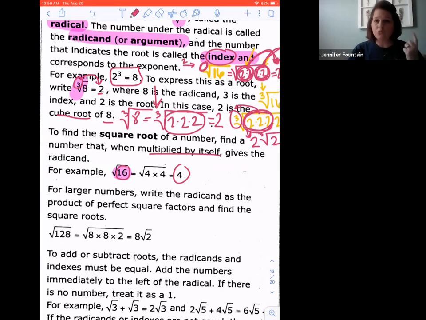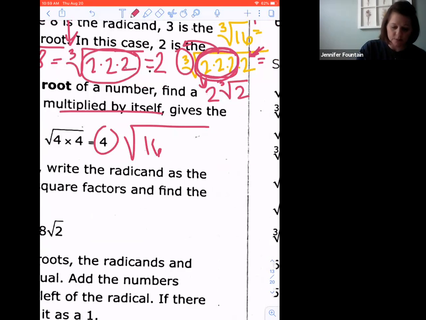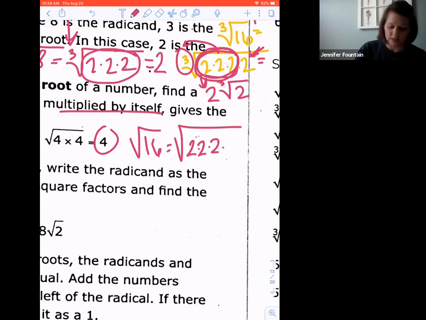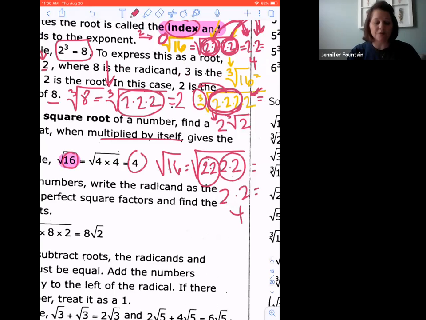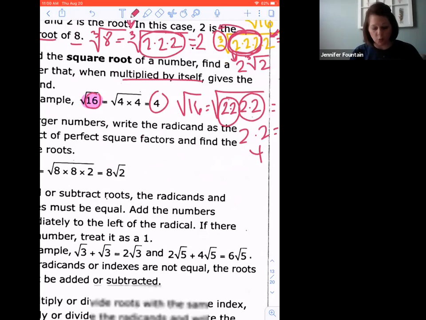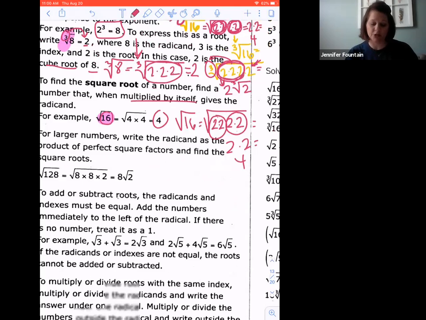Again, if I do not know that, I can go with the same route I've been doing, where I have the square root of 16, which would be 2 times 2 times 2 times 2. I circle my buddies. That means 2 2's come out, and 2 times 2 is 4. So if I do not know perfect squares, I can always break it down using prime factorization.